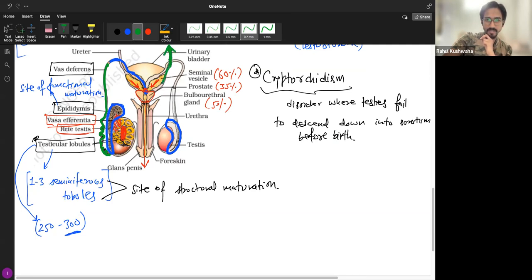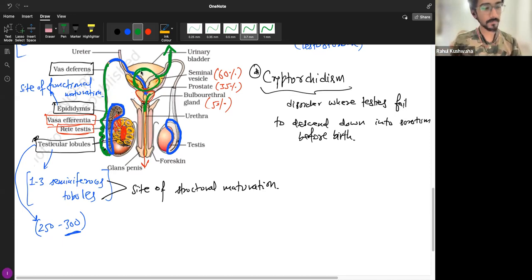It's coming from the kidneys and going into the urinary bladder. Sorry, I joined it wrong earlier. And from the urinary bladder, this is coming out. So urine stores here at the back side. So the urinary bladder is at the dorsal side.